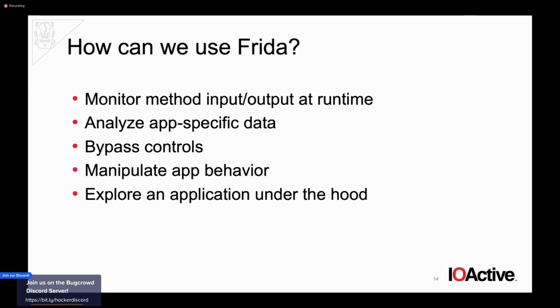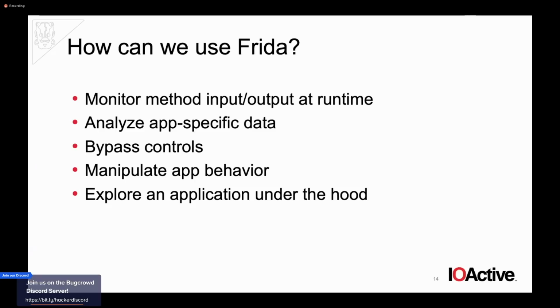We can also use it in a more generic way to bypass controls like SSL pinning, or jailbreak or root detection, or even manipulate the application behavior. So, for instance, the things that we have to repeatedly click on in the application, we might actually be able to automate that process through some Frida scripts.